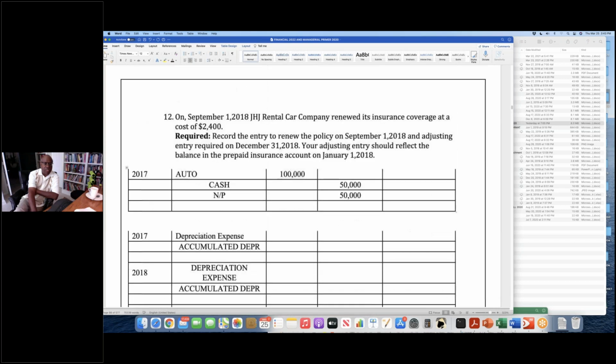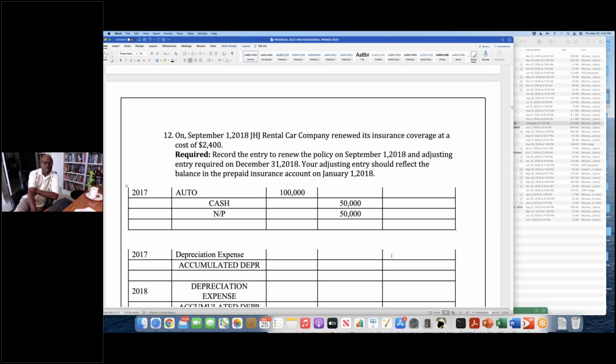Our depreciation expense is going to be the cost, 100,000, divided by the life, 4 years, because they're depreciating over a 4-year period.